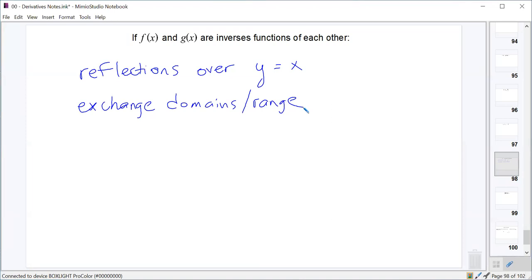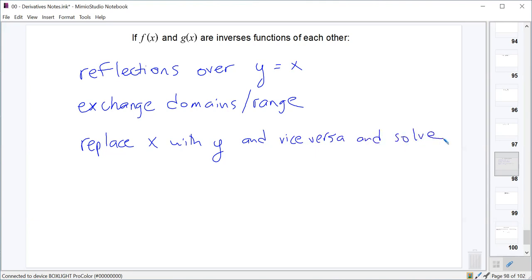We should know how to find inverse functions, right? Normally we would replace the x with y and vice versa, and solve. We want to actually find the inverse function.